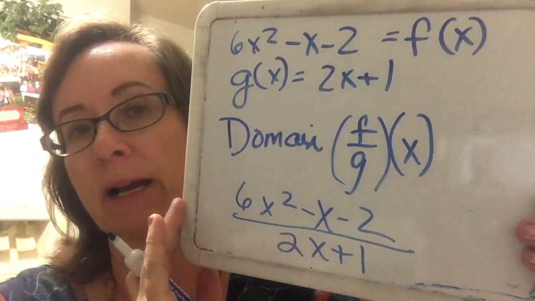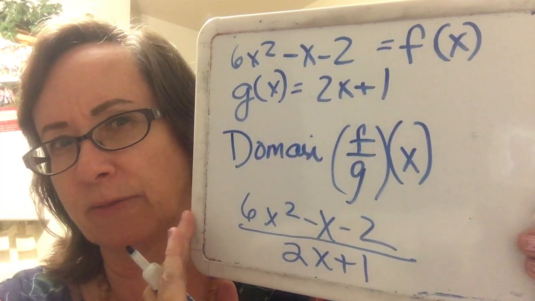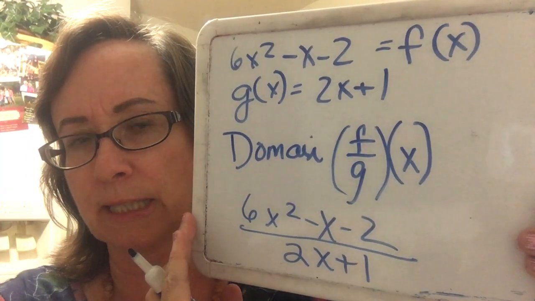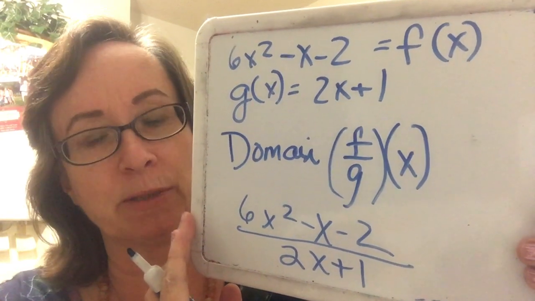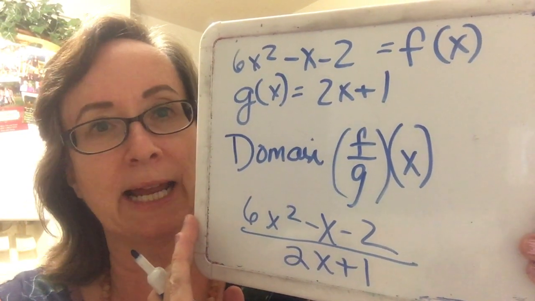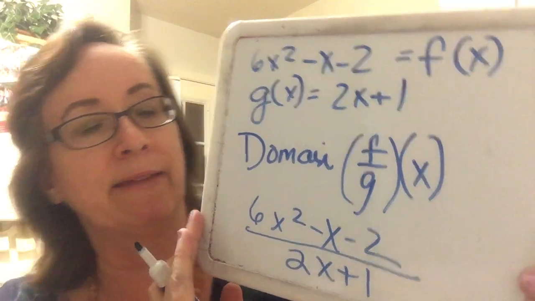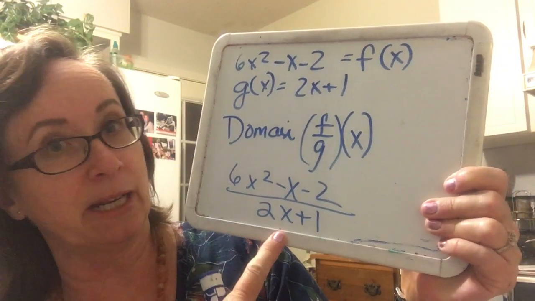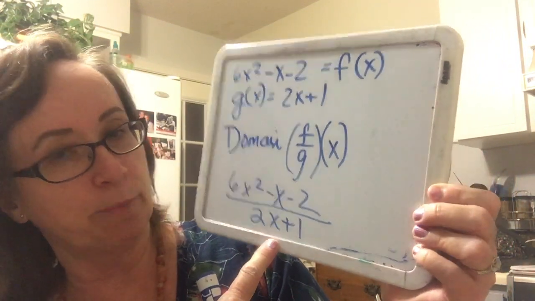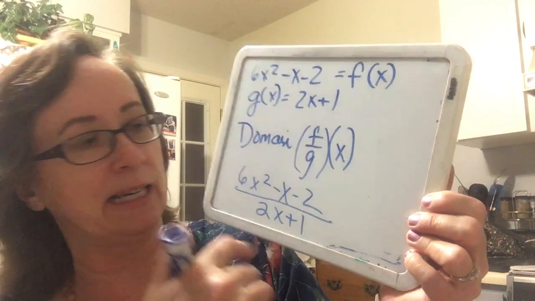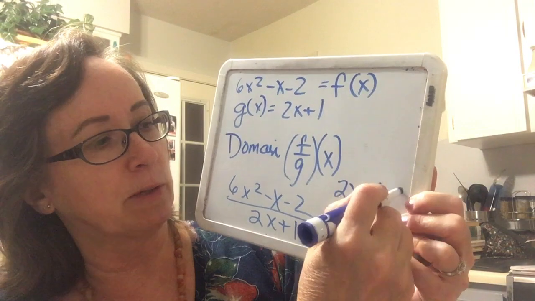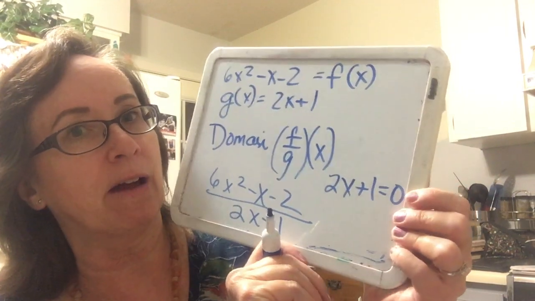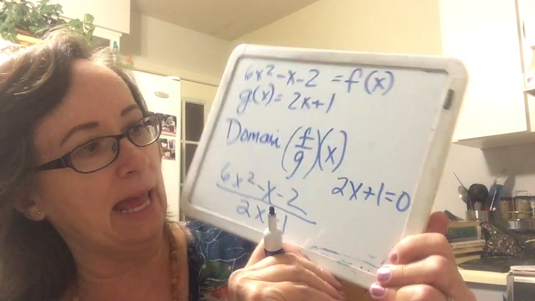Whenever we're talking about domain, it's really kind of like innocent until proven guilty. What is x not able to be? And then we assume that x can be anything else. Okay, the key here is that the denominator cannot go to 0. So basically, in your mind, you set it equal to 0. 2x plus 1 is equal to 0, and then you figure out what makes that happen.